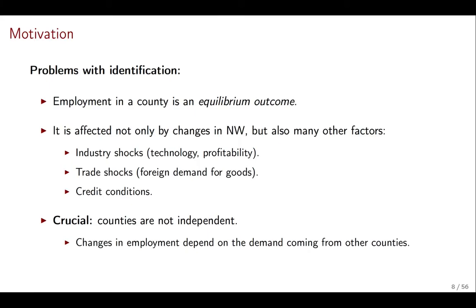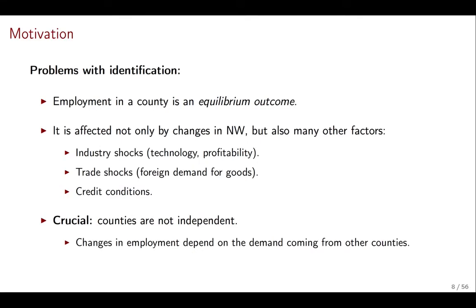Now, we're going to be going through all of these in a future video, but there are problems with this identification. One of the issues is that employment in a country is an equilibrium outcome. And so it's also affected by other factors different than net worth. It might be that there is different composition of industries.